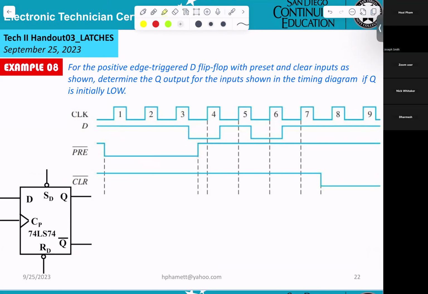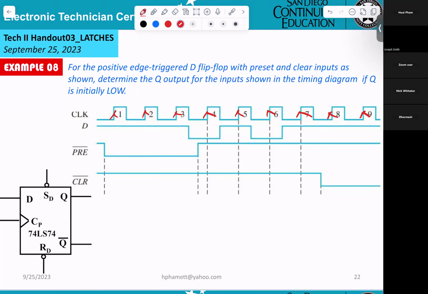So that's telling you about the two asynchronous inputs, preset and clear. I'll quickly go through that one for you. This is a D flip-flop, the clock going 0 to 1. Now, the first thing you can see is Q will be initially low.